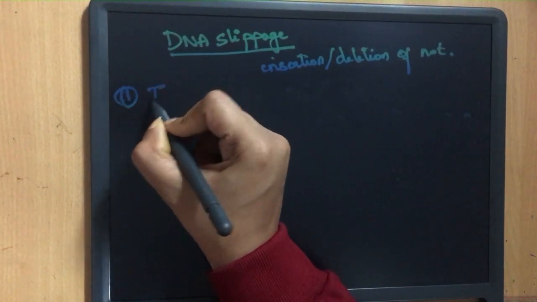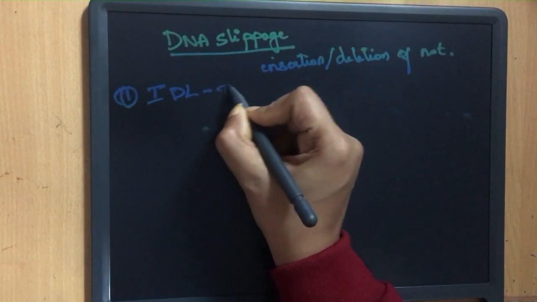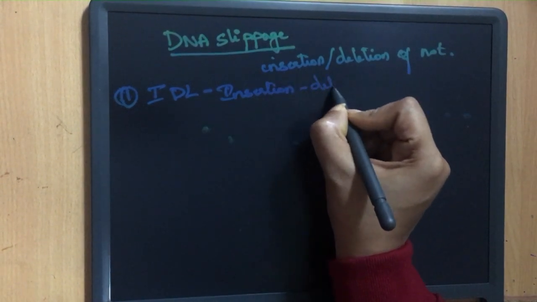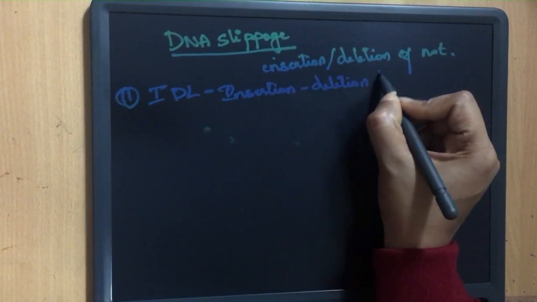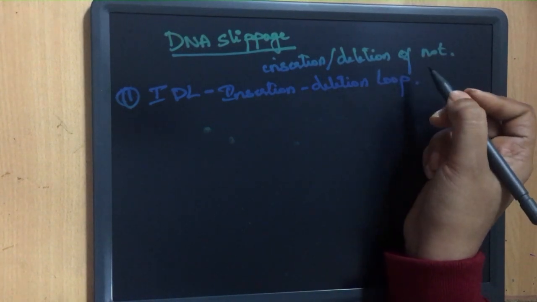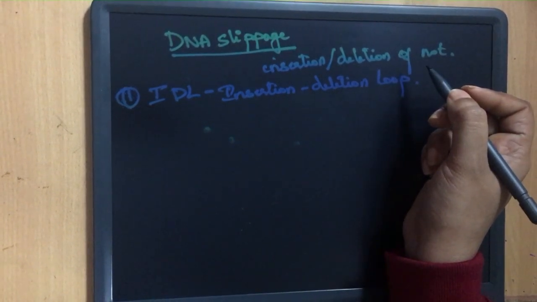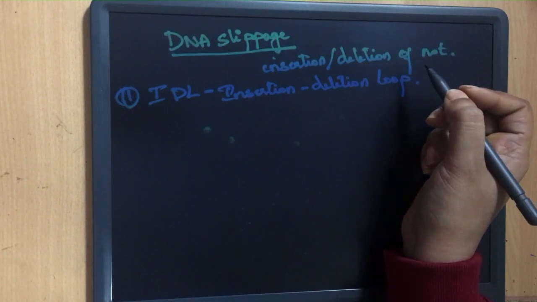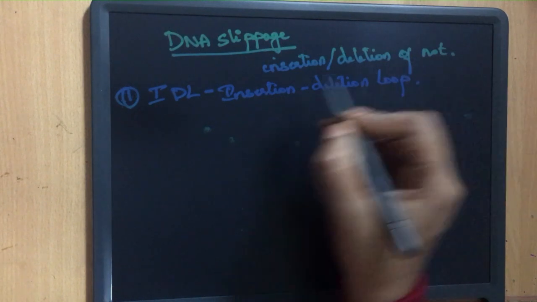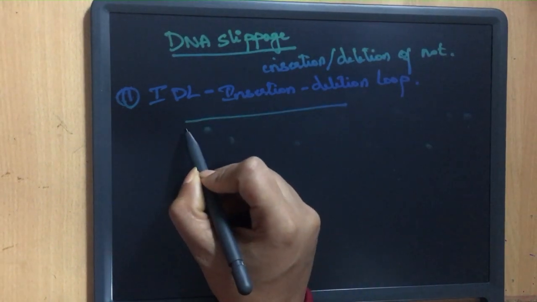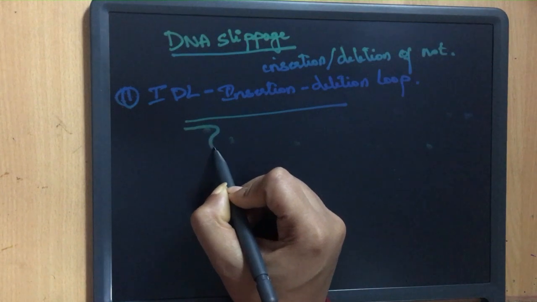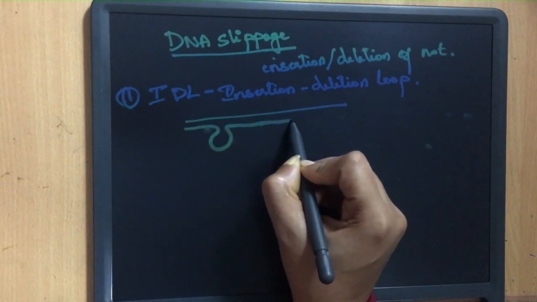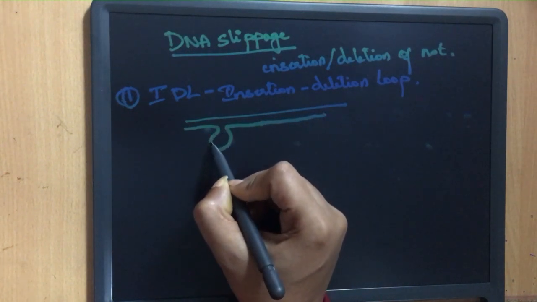First, let's look at IDLs, that is insertion deletion loop. Slippage can occur when one DNA strand temporarily moves out of alignment with another, creating a loop.